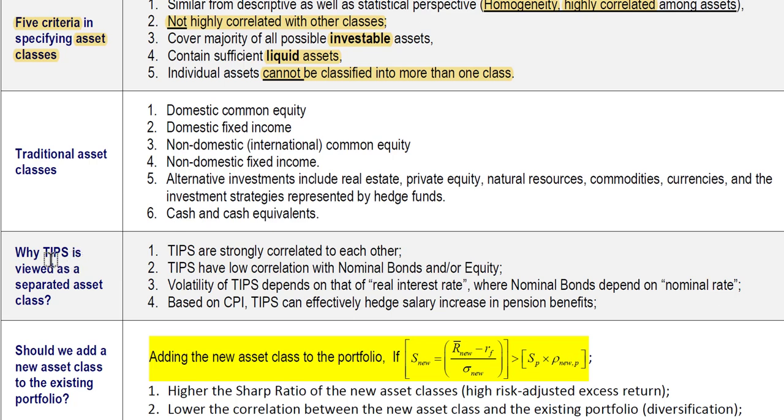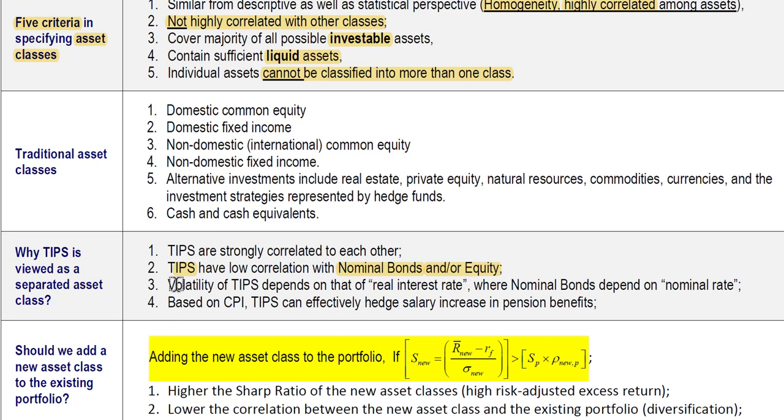So it's a Treasury, like a Treasury security, which is a fixed income type. But usually we don't classify TIPS as either a nominal bond or equity. It's different from a bond and equity. It's a very unique asset class.